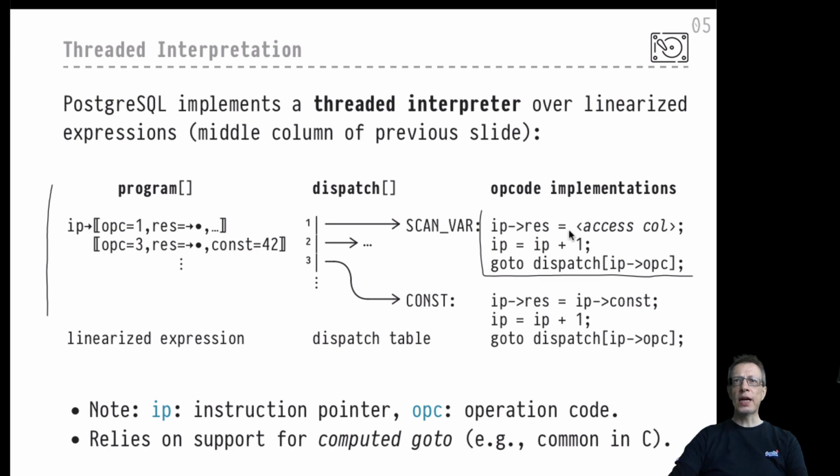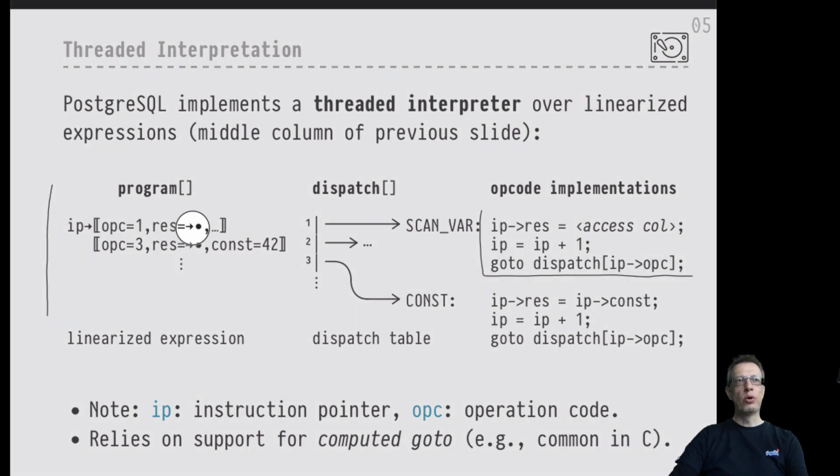It, of course, accesses the wanted column. In our example, this has been the column A. So I'm not showing the details here, but we would access the column A value and would get the value of the A column in the current row. And we would place it where this IP res field points us to. So the IP res field, you can see that this is one of the fields of our opcode. This would be a pointer to the argument slot where the value of the A field should be placed for further processing.